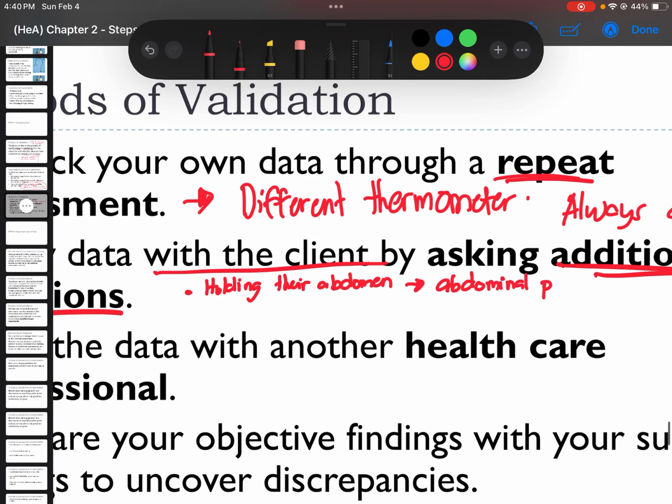The nurse might assume that there is abdominal pain. But to be sure, because I have said before that we should never assume, we will ask the patient. Ask the patient to be sure, okay? Ask the patient.